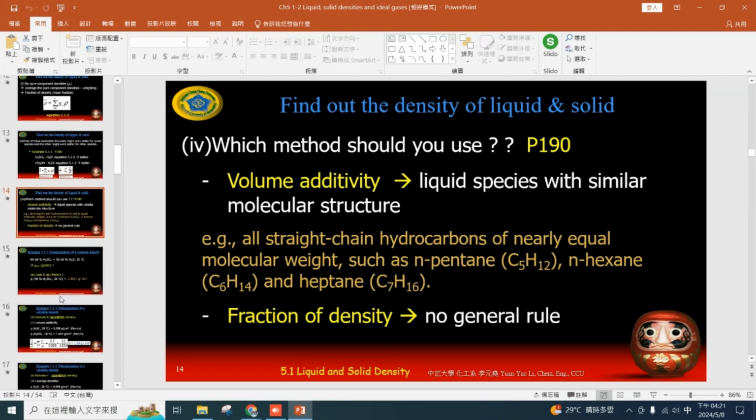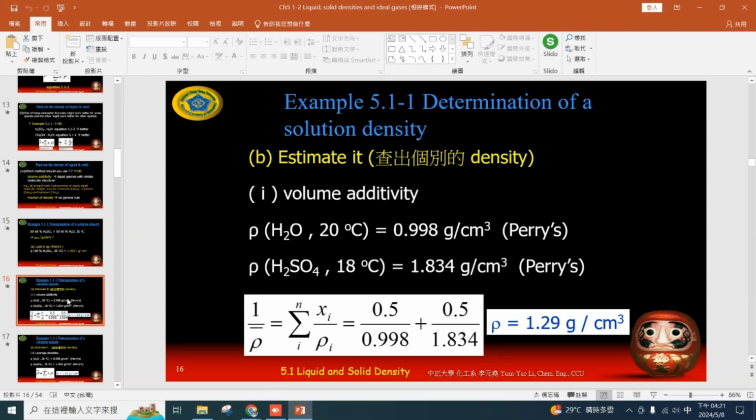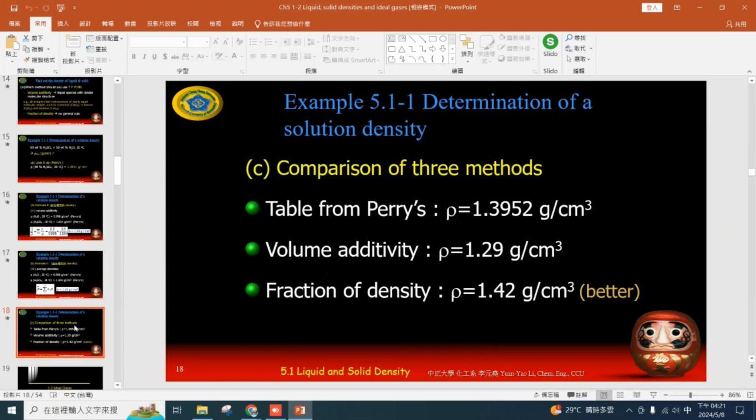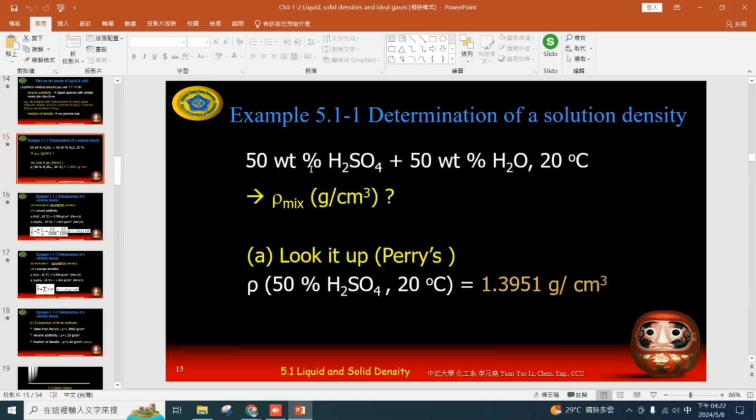Okay, and we gave you an example which is at the end here. This is one. The mixture of H2SO4, if I remember it right. Yeah, 50% H2SO4 by weight, together with 50% H2O by weight at 20 Celsius, and you want to know the density.